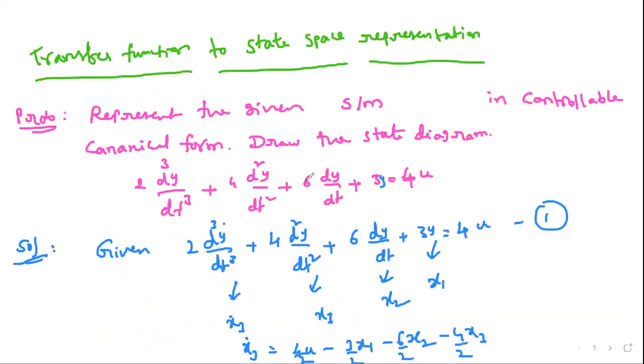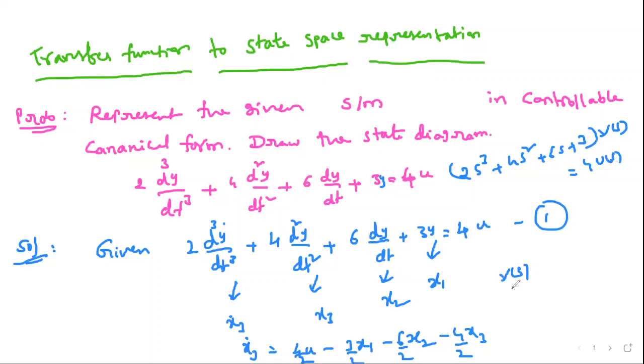If you can't identify from this, just take the Laplace transform on both sides. You should write 2s cube plus 4s square plus 6s plus 3 into y of s is equal to 4 into u of s.